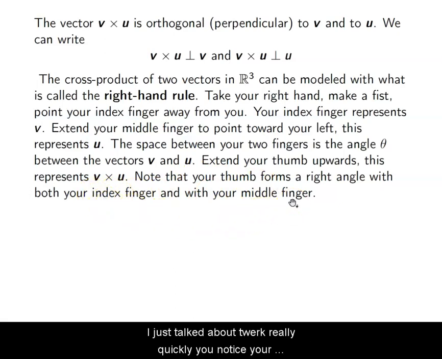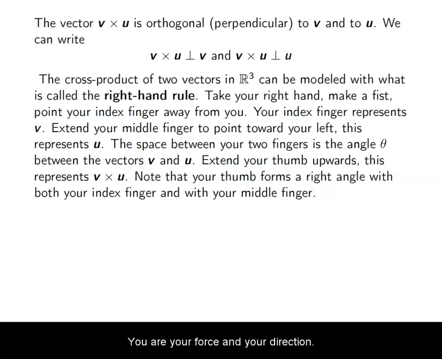Now, I'll just talk about torque really quickly. If you notice your bottom two fingers, your pinky and your ring finger on your right hand, they curl in a certain direction. That's what we call the direction of torque. When you get into Calc 3, or if you take a physics class and they talk about torque, the right-hand rule is super important because you use your two vectors to represent your force and your direction.